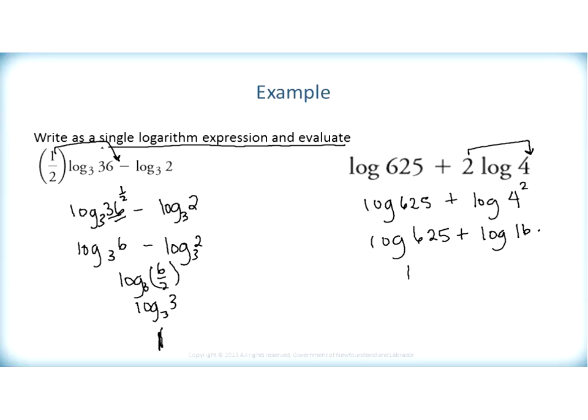We have log of 625 times 16. This would be the log of 10,000. And since this is base 10, and 10 to the power of 4 is 10,000, this expression would be 4.